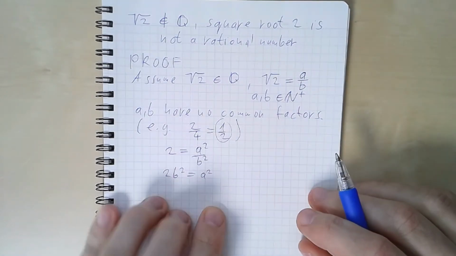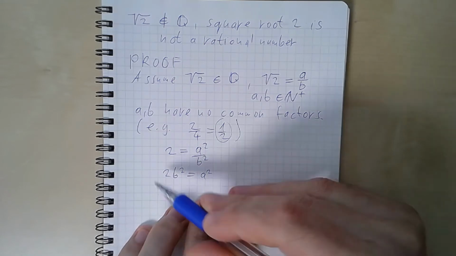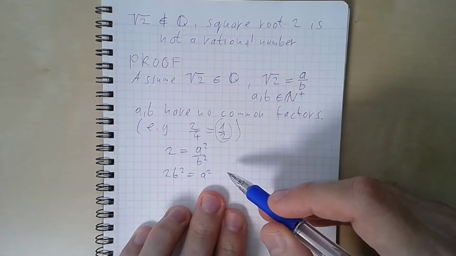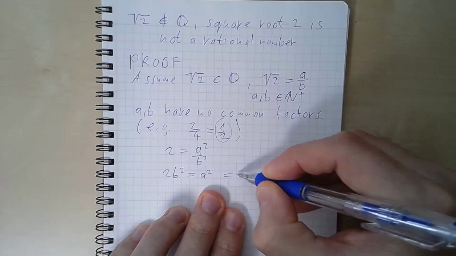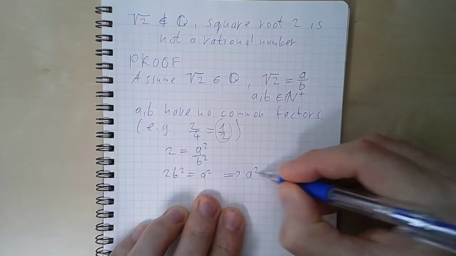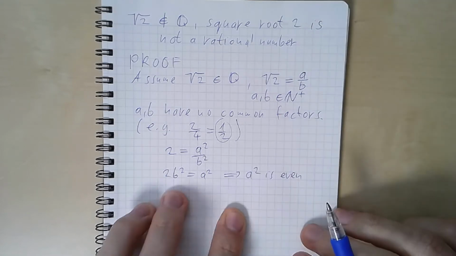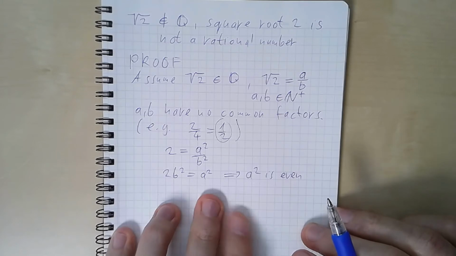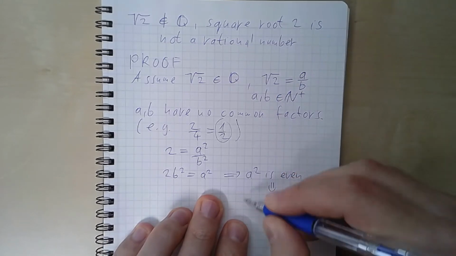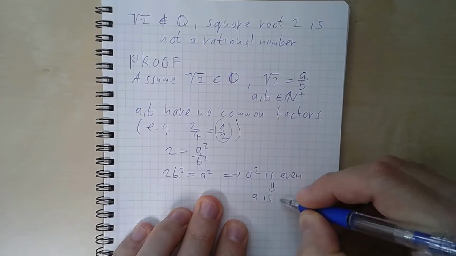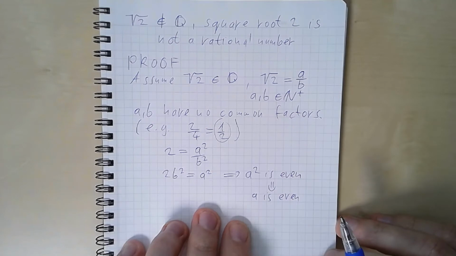I just multiplied by b squared. So let's look at this one. What this says, we can conclude that a squared is even, so it's divisible by 2. It has a factor of 2, and from that we can also conclude that a is even. That's a basic property of numbers.